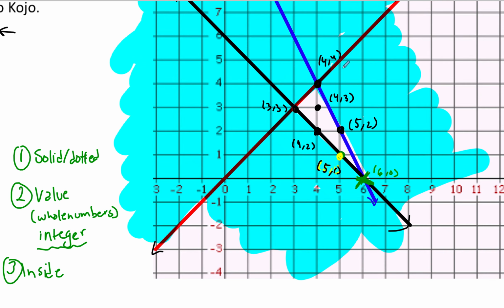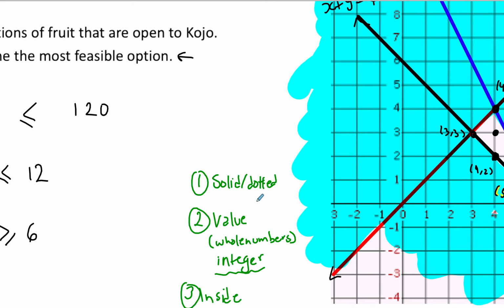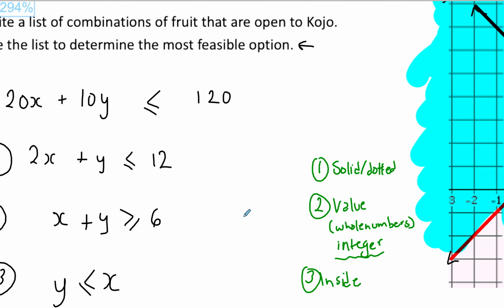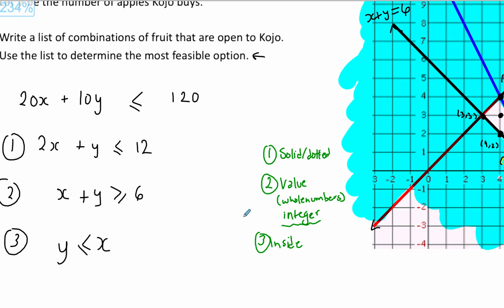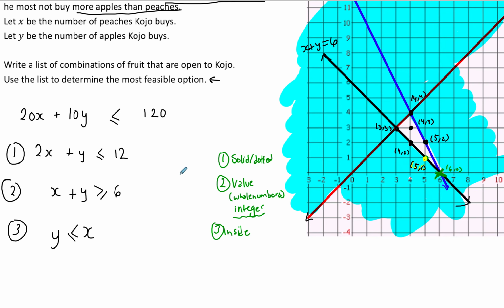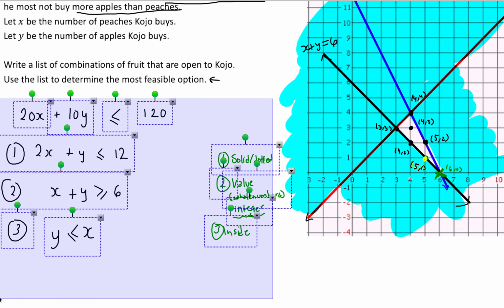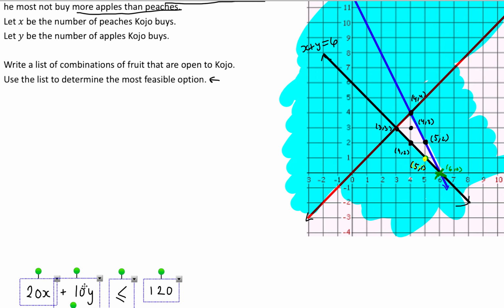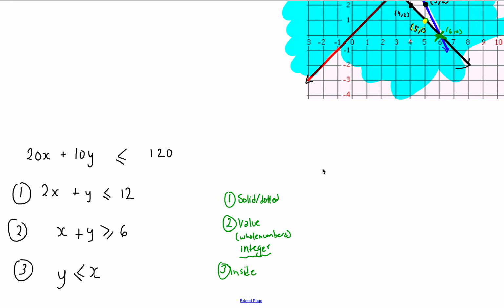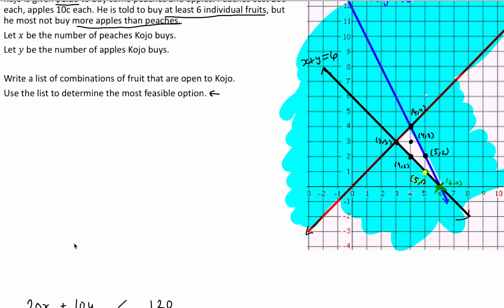Okay, so I have 1, 2, 3, 4, 5, 6, 7. So all the possible values I could get, I'm just going to list out here. So let me just move this down. And these values, if I plug them into any of these, they're going to satisfy all the inequalities.